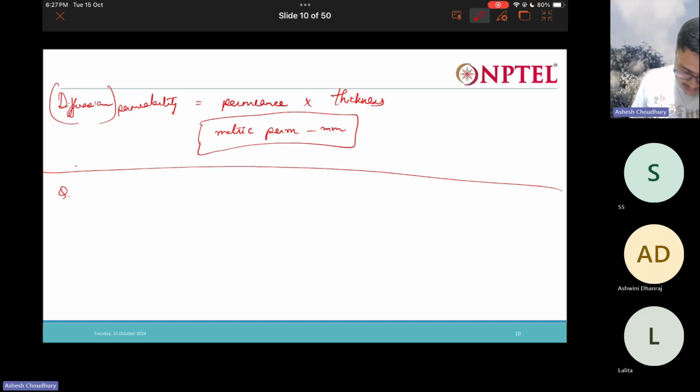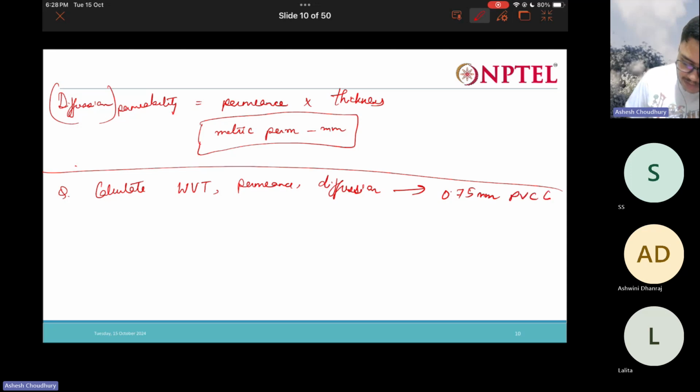So, calculate water vapor transmission, permeance, diffusion for a 0.75 mm PVC geomembrane. The area is 0.0030 meter square.